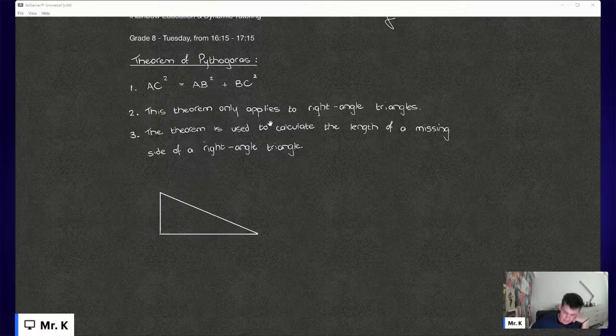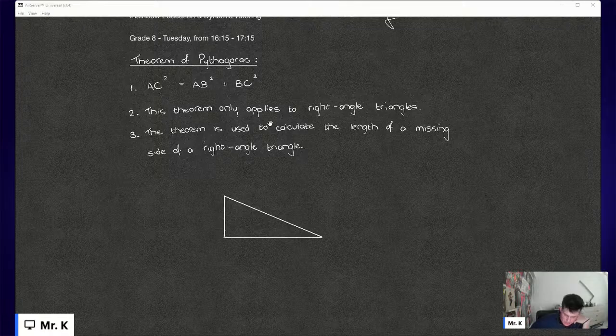Looking at a right-angled triangle like this over here, we obviously need to have our right angle marking in the 90-degree corner of the triangle. But we can also label our triangle A, B, and C. We label it at the corners where our lines meet.